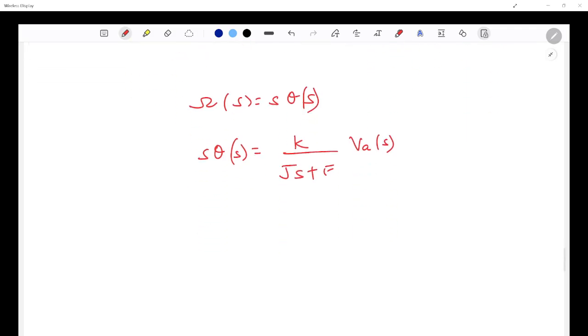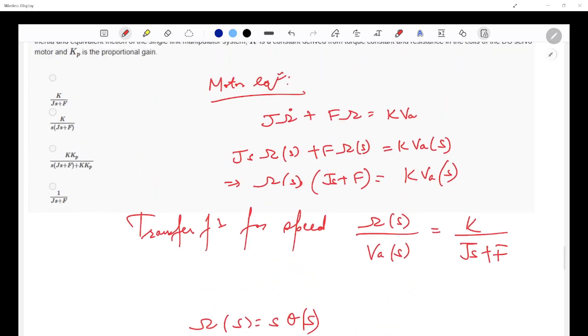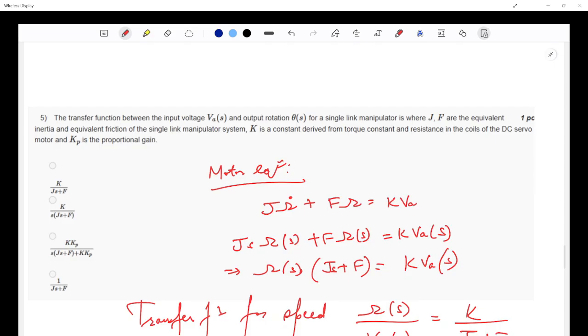So in the end you get theta(s) upon VA(s) is equal to k upon s into (Js plus f). The first option, k upon Js plus f, is the speed transfer function and not position. It is missing the 1 by s integration term, so it is incorrect. The second option is correct. This is what we derived.